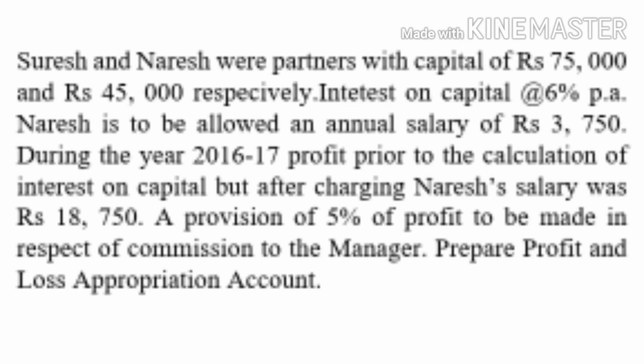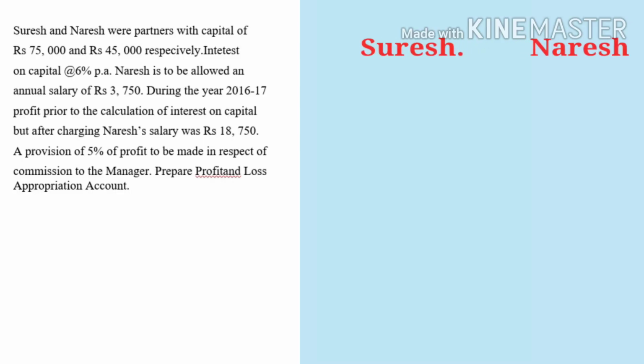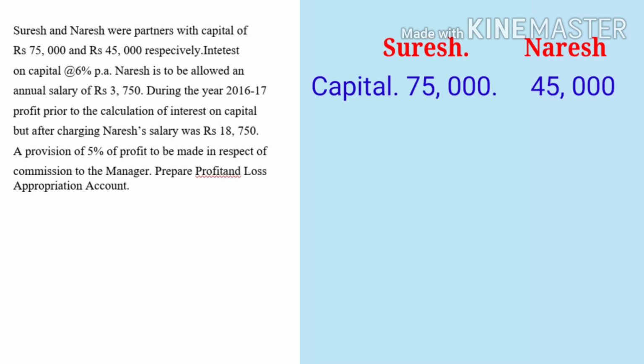Now let's look at the problem. Suresh and Naresh were partners with capital of rupees 75,000 and rupees 45,000 respectively. Again, we can make the summary. There are two partners, Suresh and Naresh, and their capitals are rupees 75,000 and rupees 45,000, and interest on capital at 6% per annum.